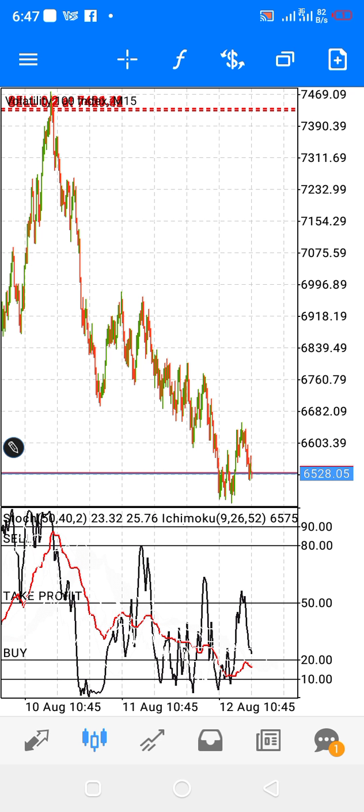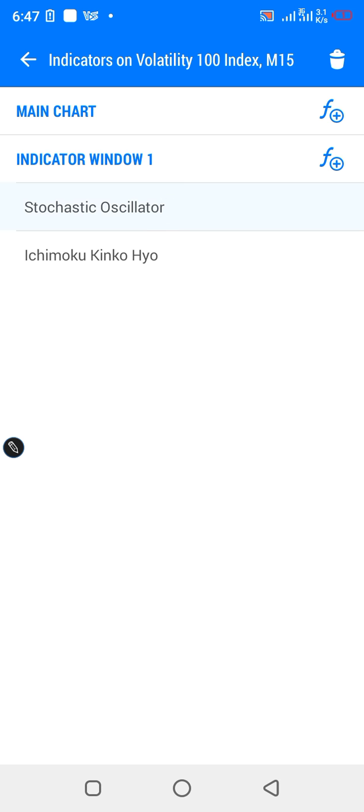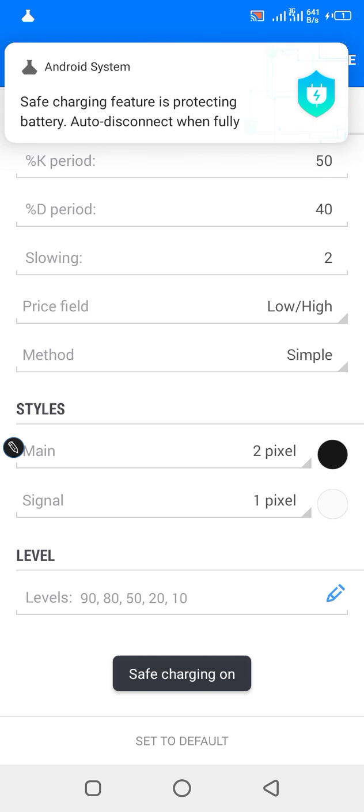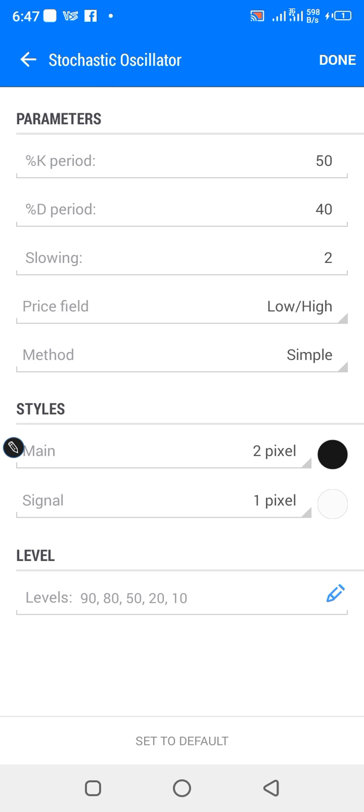I think for the sake of the people who are new here, let me show the settings for you to see the demo, for you to see the account. This is it. The stochastic oscillator is what I've been using here, and this is how it works.